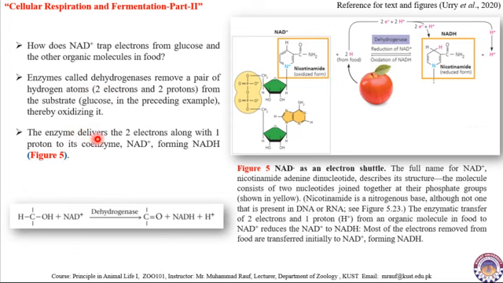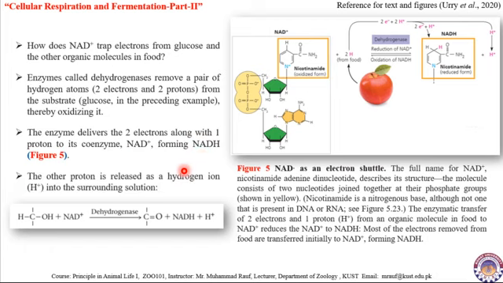Now the enzyme delivers the 2 electrons along with 1 proton to its coenzyme, which is NAD, forming NADH. The other proton is released as a hydrogen ion into the surrounding solution.